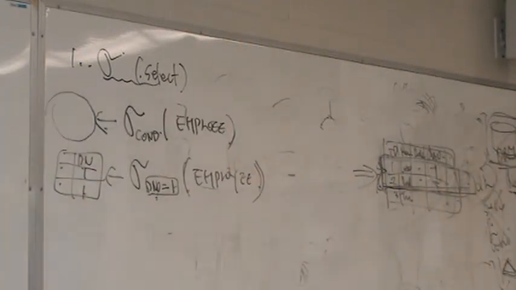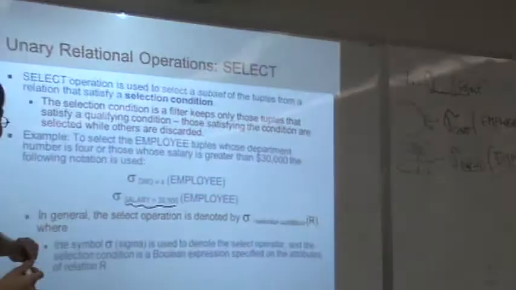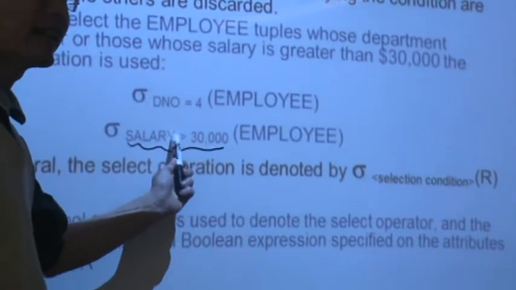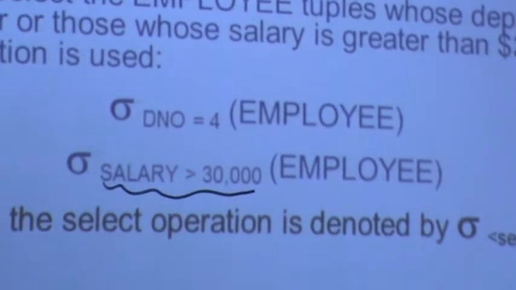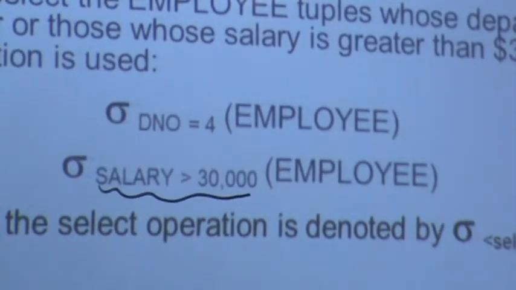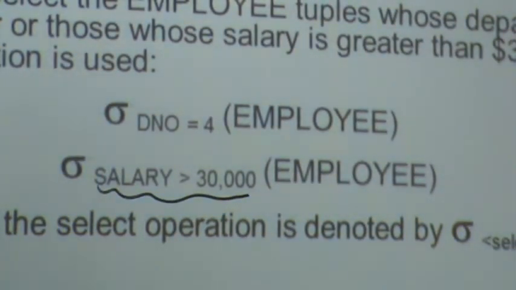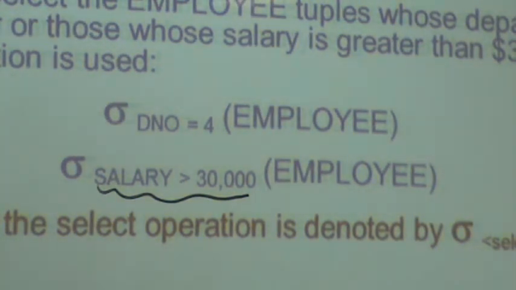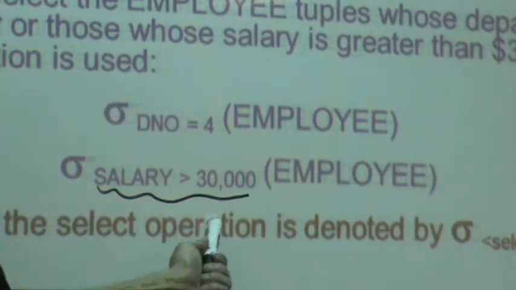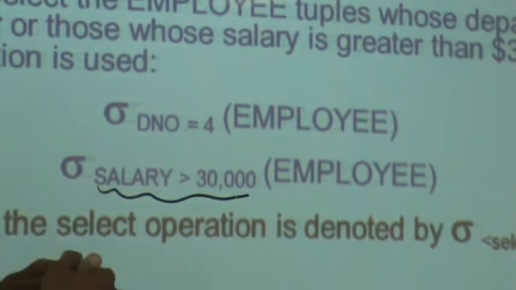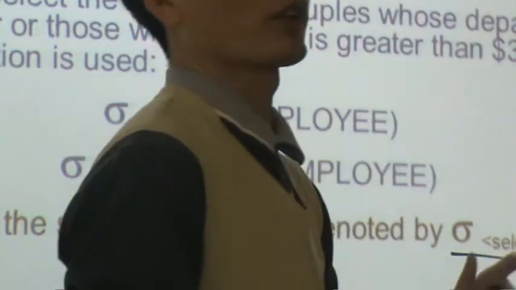Then we can focus on such a condition. Is it possible to use inequality? Yes, you can use any arithmetic operation. Or you can use logical operations. What are the logical operations? And, or, exclusive or, something like that. You can use such basic operations in the condition. Okay? So this is select relation R with a condition.